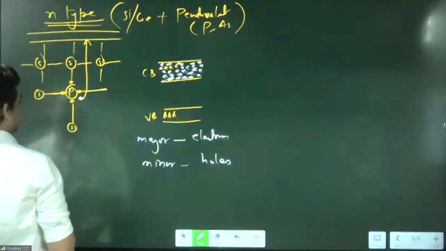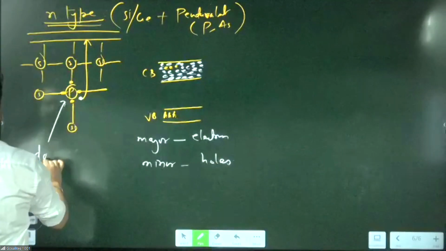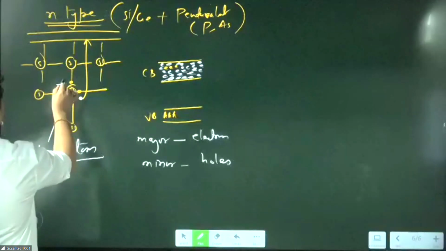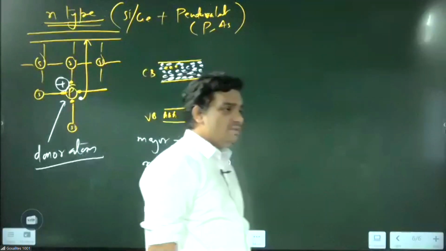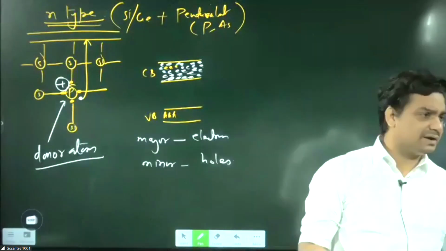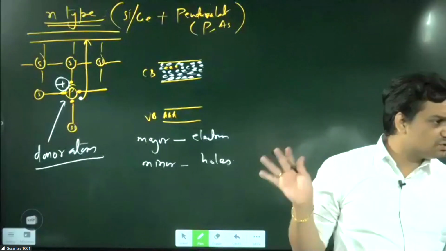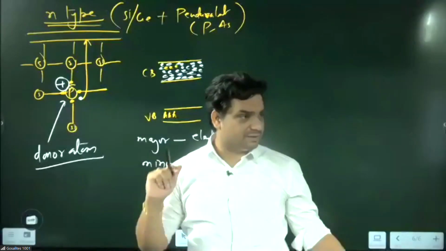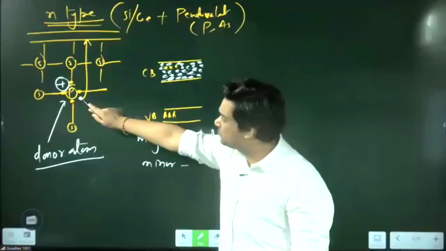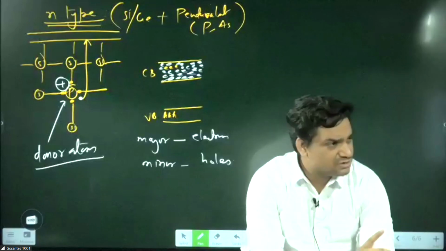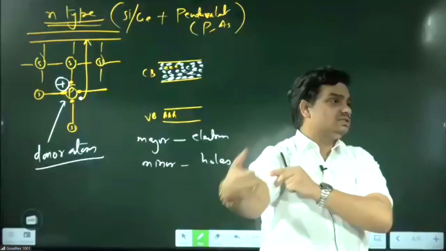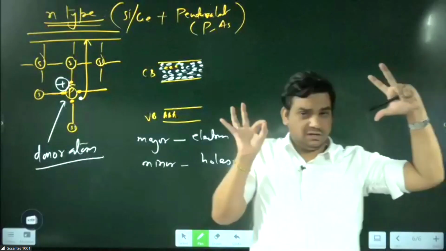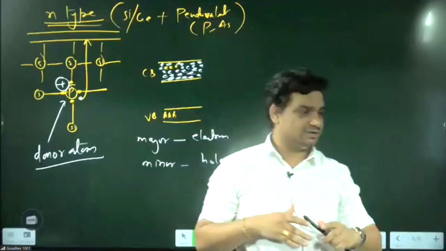This becomes a donor or acceptor? Here it becomes a donor atom. If I ask whether the donor atom will be positive or negative charge, the donor atom becomes positive charge. Listen, everyone remembers what the major and minor carriers are, but they forget about the donor atom or acceptor atom. You know that electrons can move easily. With respect to an electron, the size of phosphorus or aluminum is very large.